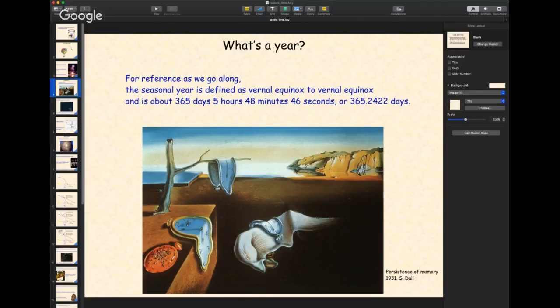There's a lot of precision there because we got better at marking time. Or 365.2422 days. We'll use that 0.2422 days because it's less writing than all the hours, minutes, seconds as we go along. The image here is, of course, The Persistence of Memory by Salvador Dali, 1931, and the melting clocks, and keeping our man-made clocks in sync with the sun clock, the seasonal clock.